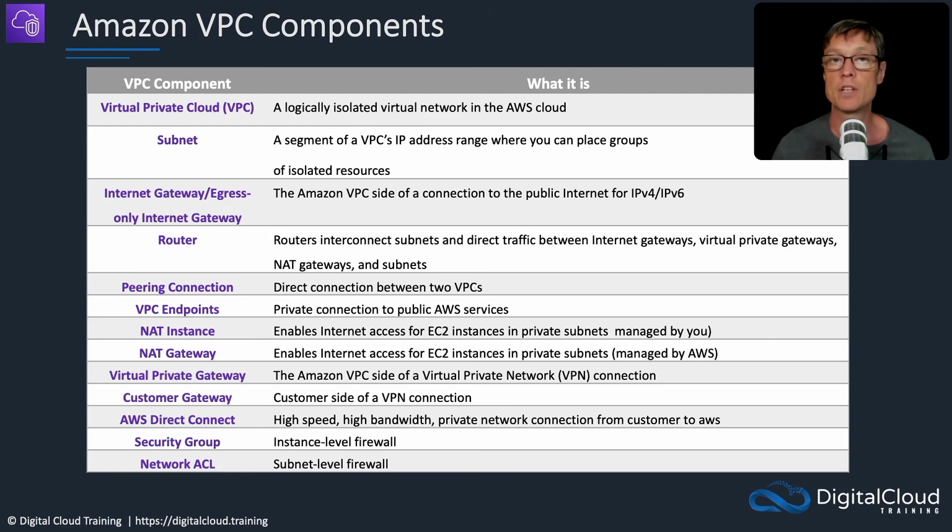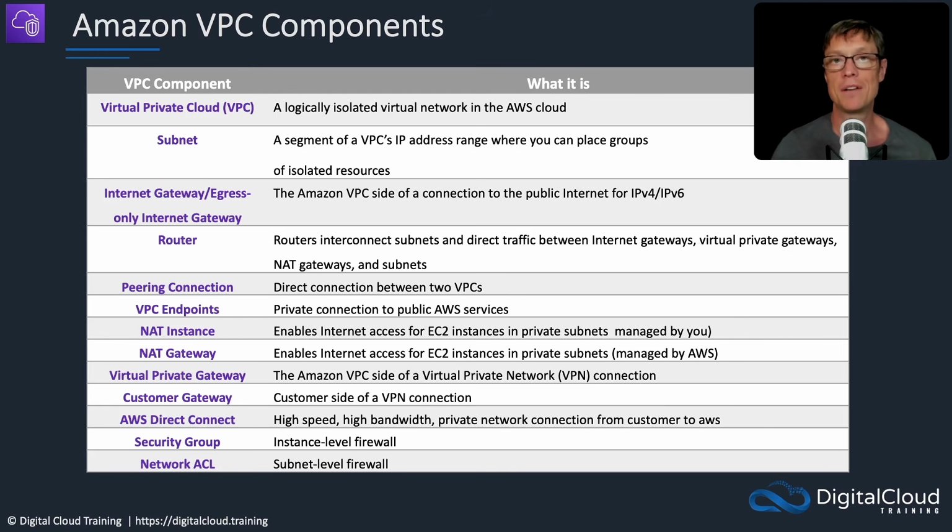So that's a virtual private network, an encrypted tunnel over the internet. We then have Direct Connect that avoids the internet by using private connections right the way through to your data center or office. And security groups and network ACLs are 2 different types of firewall. We'll cover them in a bit more detail in this section.